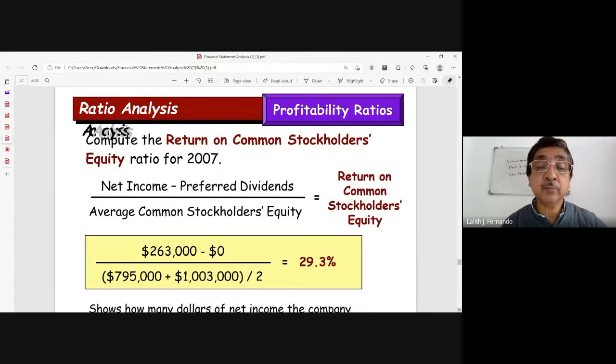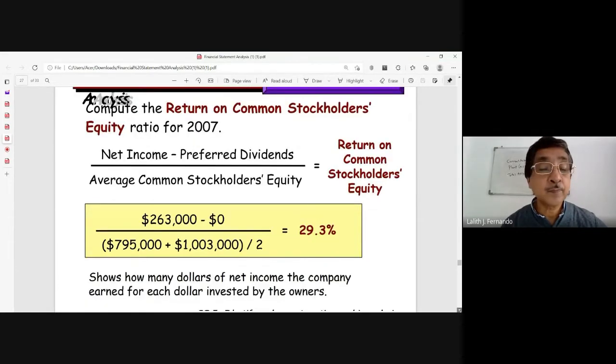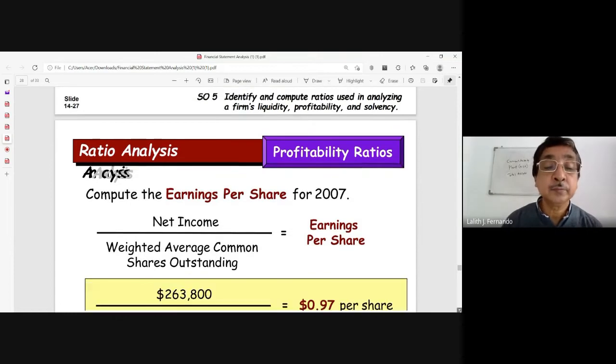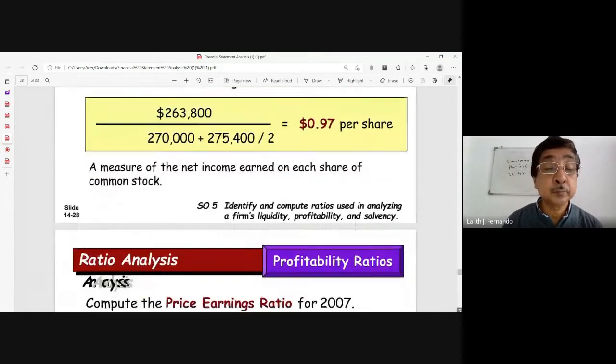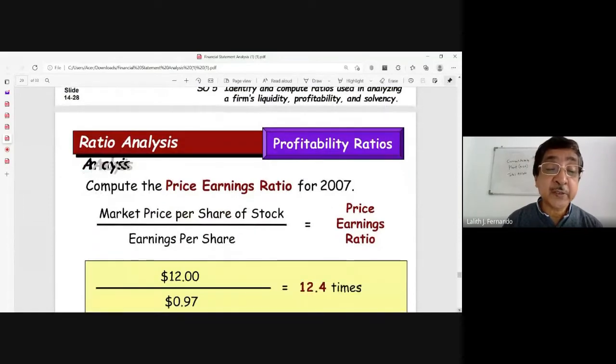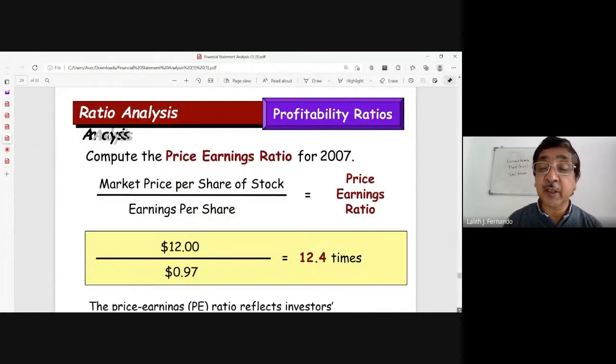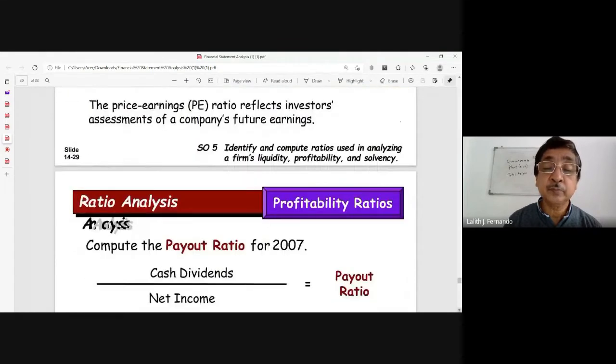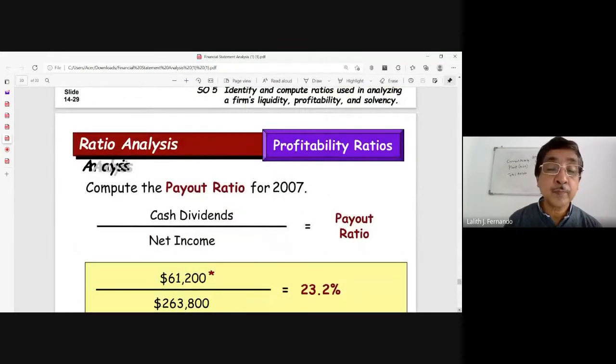Common stockholders' equity. Earnings per share, net income divided by weighted average common shares outstanding. Price earnings ratio is the market price per share divided by earnings per share. We call it PE ratio. Cash dividends divided by net income is given as payout ratio.